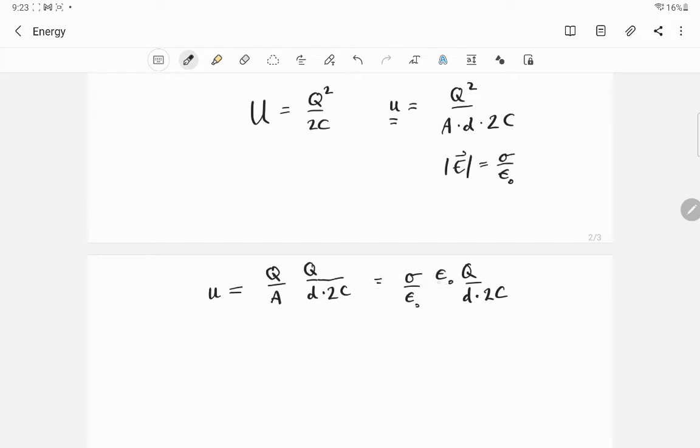So if I'm going to divide by it on purpose, I need to multiply by it, so I'm only ever adding a factor of 1. So I've got q over a. I put in an epsilon naught, so I had to put in another, so I didn't ruin the equal sign. And I've got q over 2 times c times d.